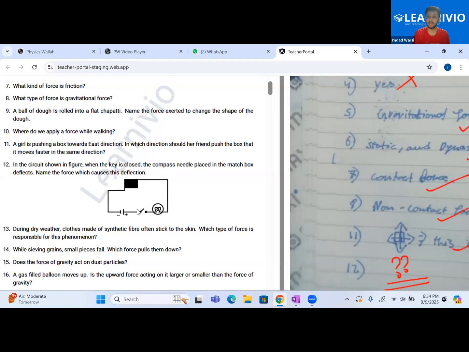I gave you examples, like when you charge a comb by rubbing it on your clothes, and then your hair rises in the air. Charges develop on it. Similarly, here charges are already present, a negative and a positive. So it would be an electrostatic force of attraction. So this one is done.